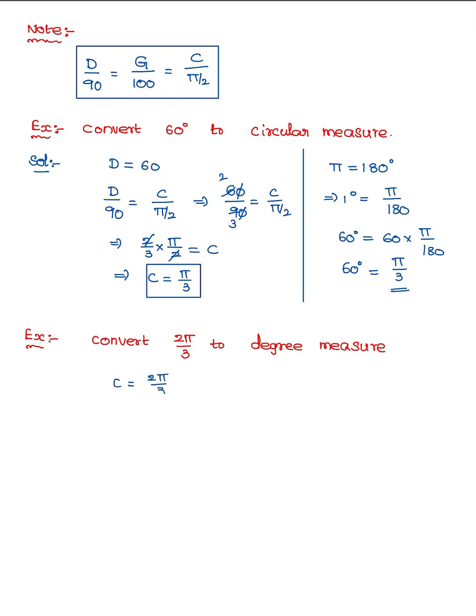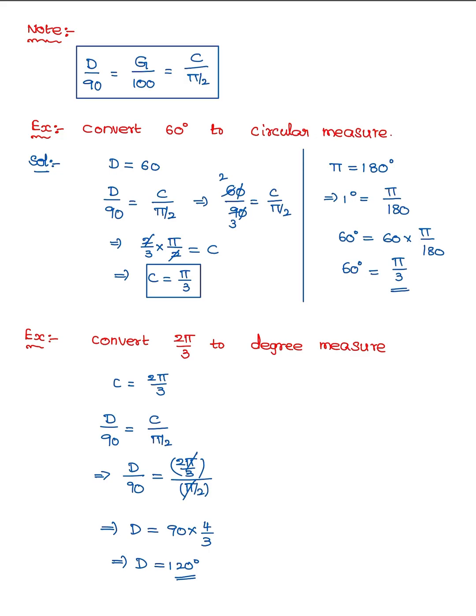The same formula we can use, that is D by 90 is equal to C upon pi by 2. We need to find the D value. So D by 90 is equal to the C value, 2 pi by 3, upon pi by 2. Pi and pi get cancelled here. That is D is equal to 90 into 4 by 3. So D is equal to 120 degrees.